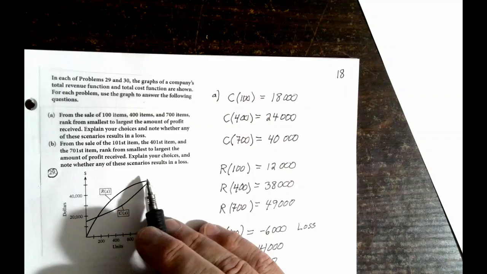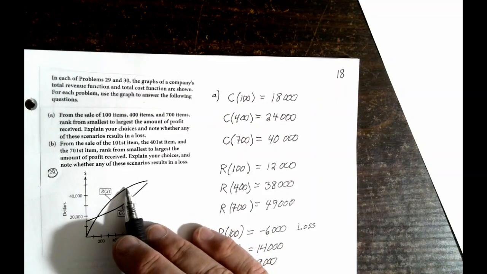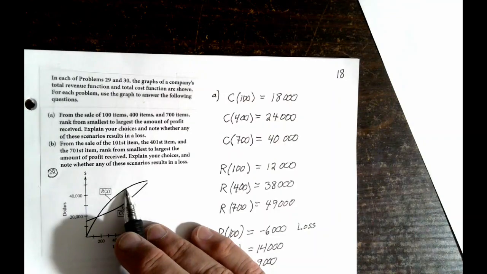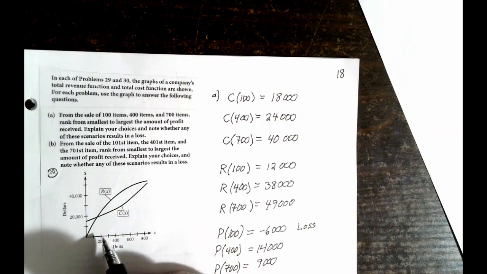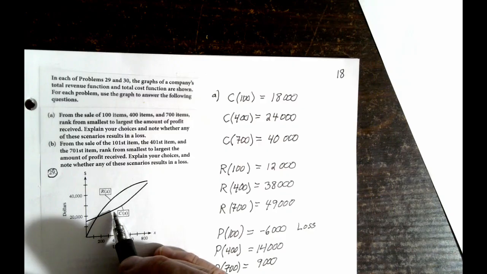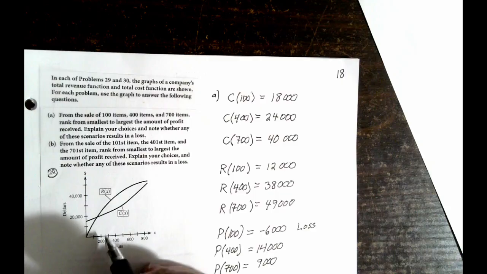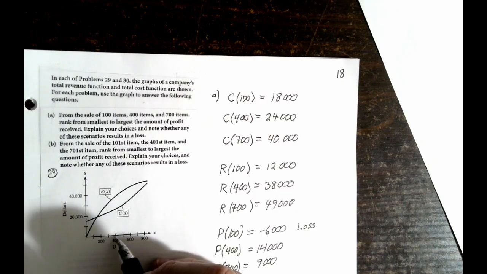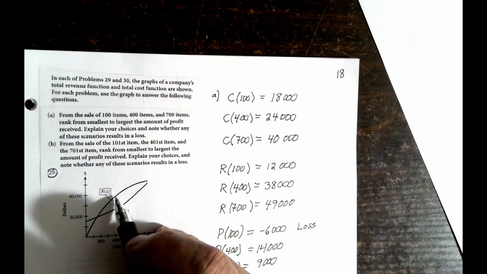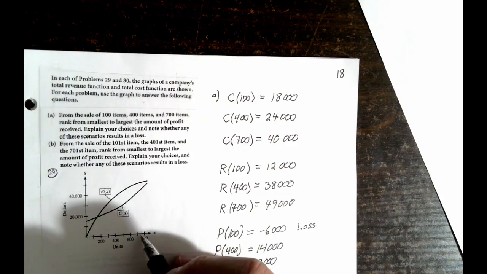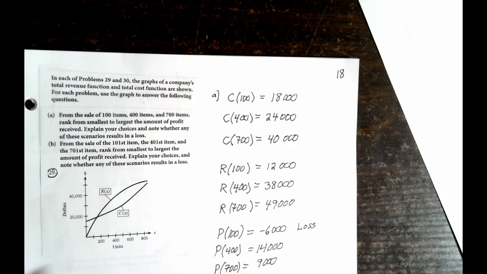For number 29, it says, from the sale of 100 items, 400 items, and 700 items, rank from smallest to largest the amount of profit received. So C of 100 is about 18,000, C of 400 is about 24,000, C of 700 is about 40,000, R of 100 is 12,000, R of 400 is 38,000, and R of 700 is 49,000.